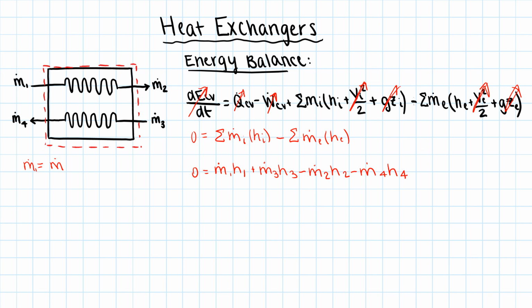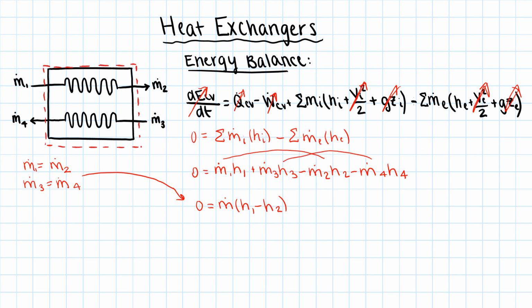And so in the math over here, you're going to be left with 0 equals m dot 1 times (h1 minus h2), because your m dot 1 and m dot 2 terms combine here, and then these two terms combine.